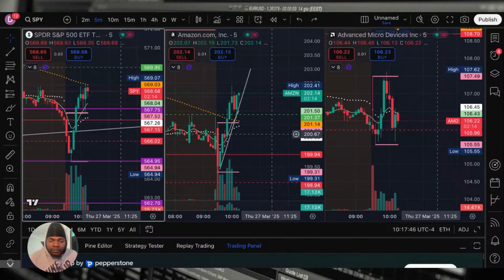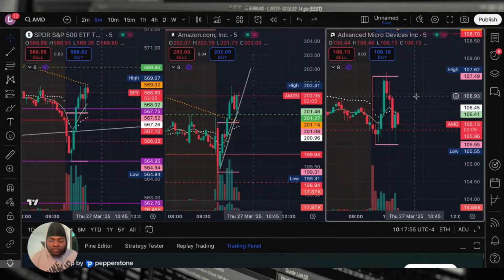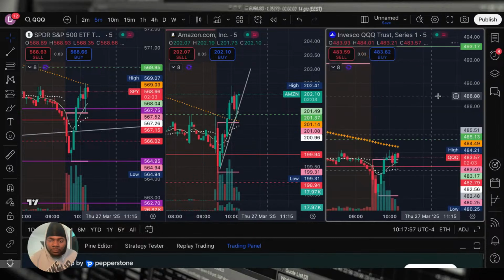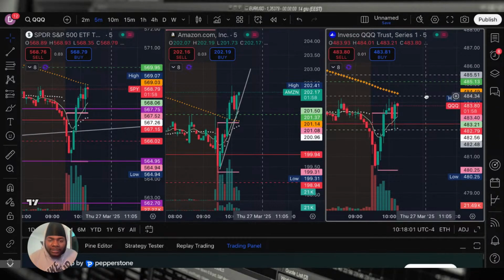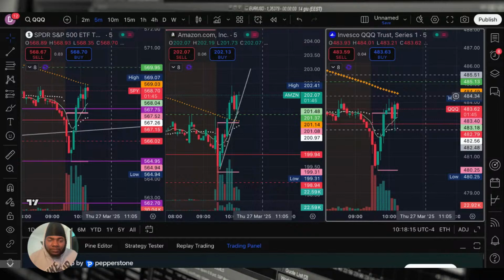See if we can get above with some momentum, and then I'll take the entry. You also want to see QQQ go too. You want to see them all go together at the same time, if you can. Sometimes it doesn't happen that way. Haven't entered yet.